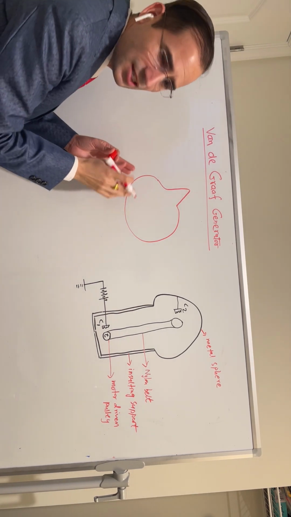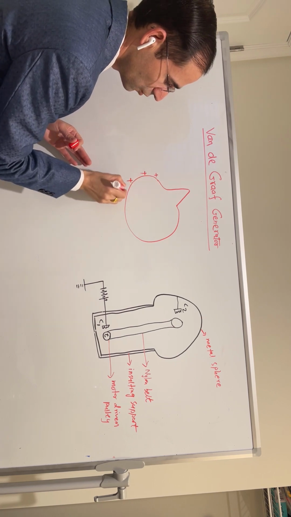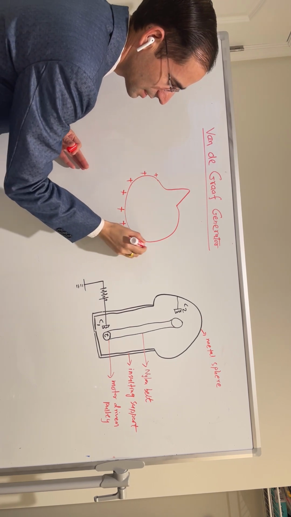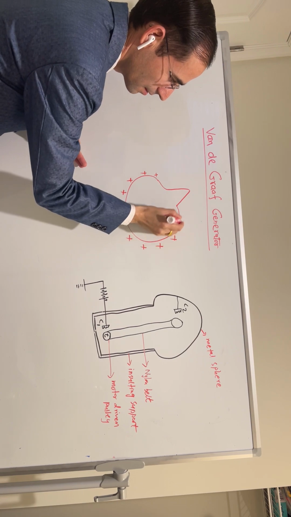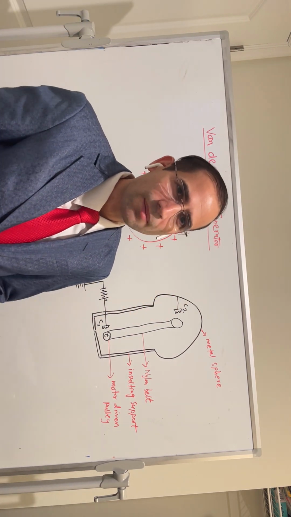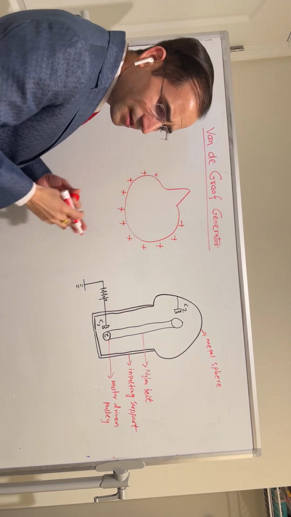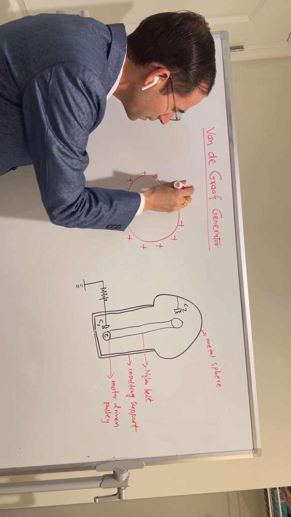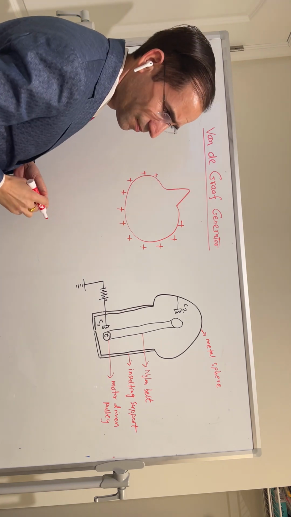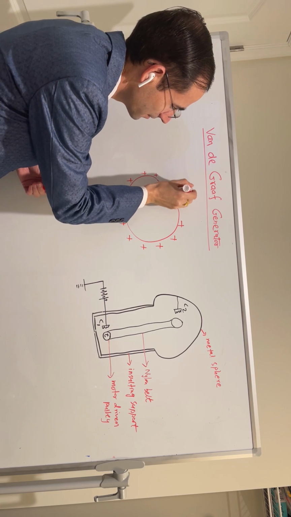And if you charge this surface this way, suppose you charge with positive charges, you remove the electrons, then excess positive charges will remain there. And if you look at a pointed surface, the charge density will be higher.